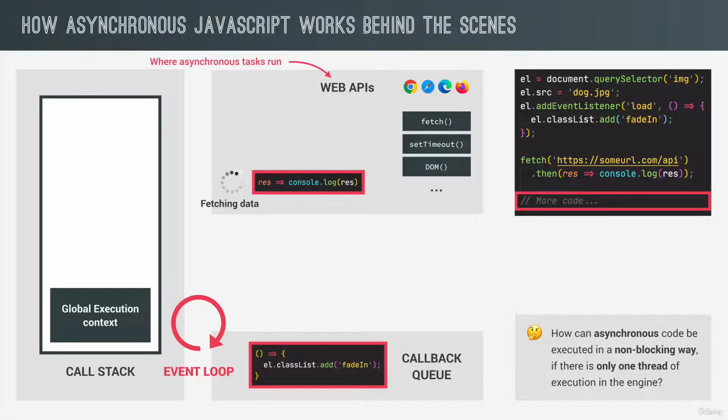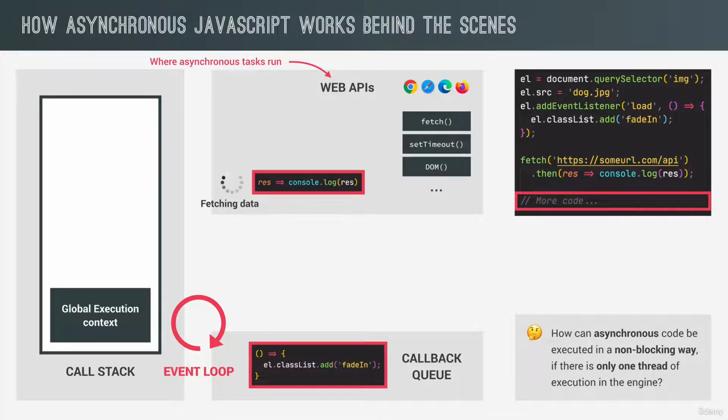And the callback queue is basically an ordered list of all the callback functions that are in line to be executed. You can think of this callback queue like a to-do list that you would write for yourself with all the tasks that you have to complete. So the callback queue is also a to-do list of a kind, but with tasks that the call stack will eventually have to complete.